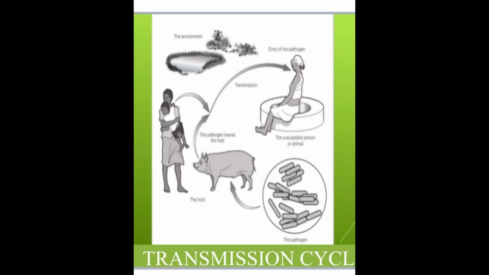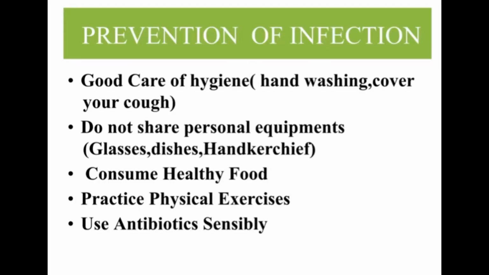Coming to the next part, which is the most important. If you now know how these diseases can come to you, you should know what prevention measures to take. Take good care of hygiene, like I told you: hand washing before and after meals, and covering your cough. Do not share your personal items like glasses, dishes, and handkerchiefs.